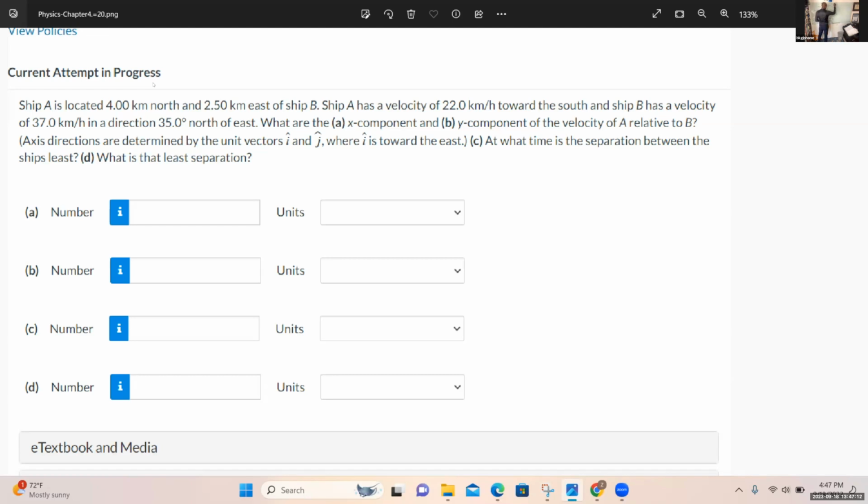And then VBy is going to be VB times the sine of 35. So VBy then is going to be equal to, and go ahead and check my math with me, Kimberly, please. So 37 times sine 35. So 21.22, store it. And again, I'm not truncating this when I write it on the board.